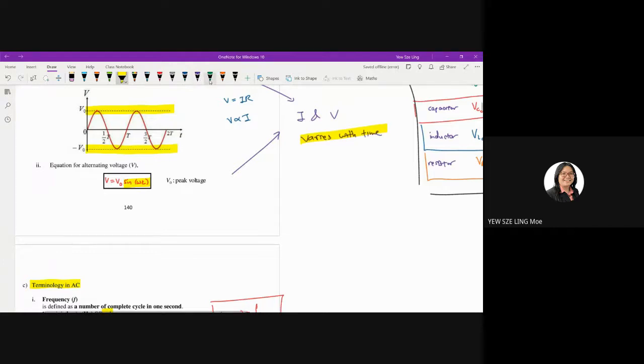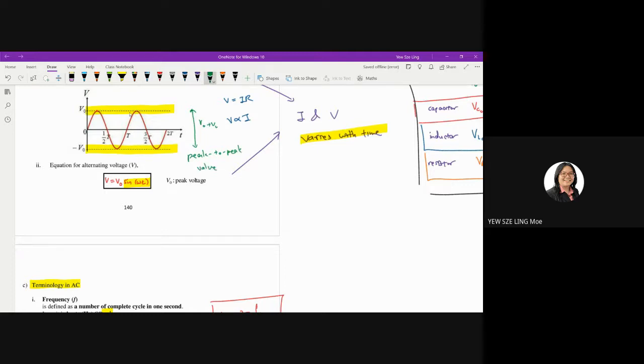What does it mean? Peak to peak value means going from the maximum peak value to the negative peak value. So after you calculate the peak value, you have to times 2. It is actually V naught plus V naught. This is what we call peak to peak value.